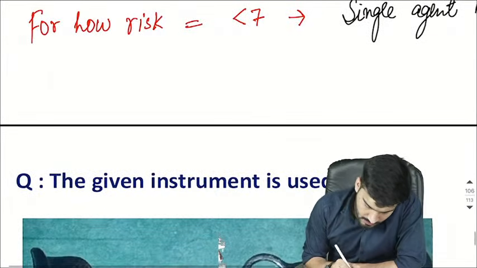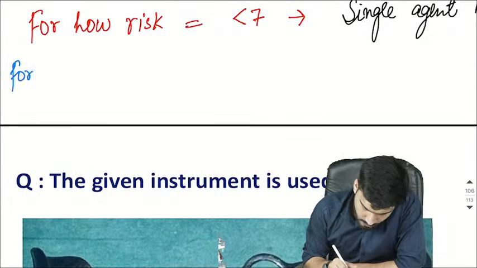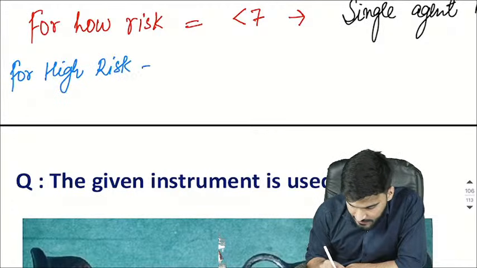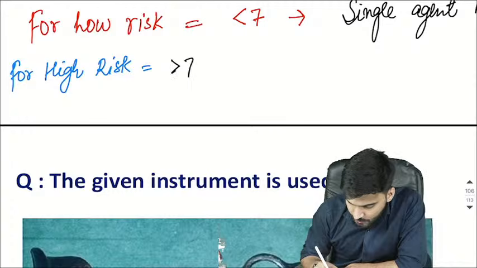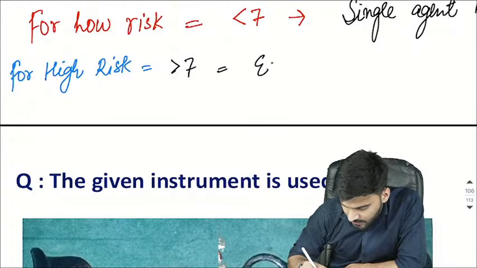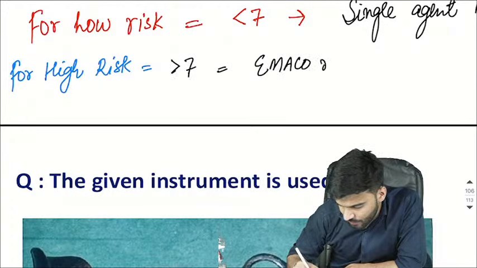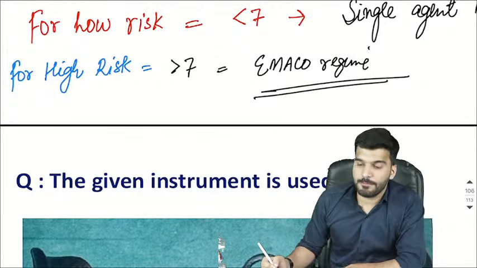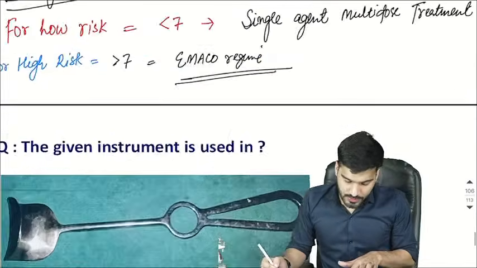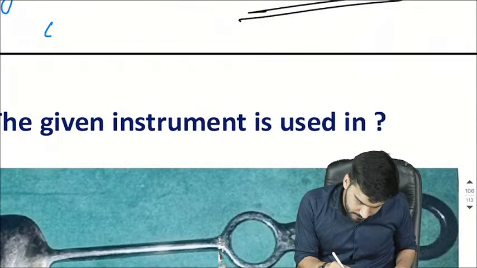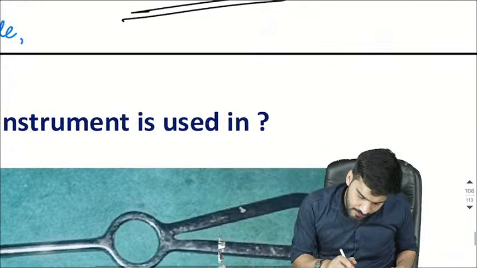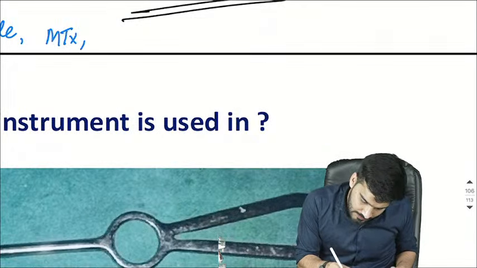For high risk treatment, if the score is more than 7, then remember the EMACO regime. Now, what is this EMACO regime? E is etoposide. M is methotrexate.